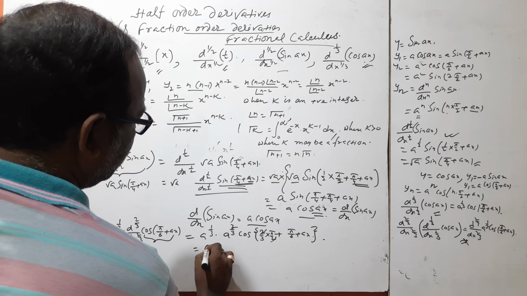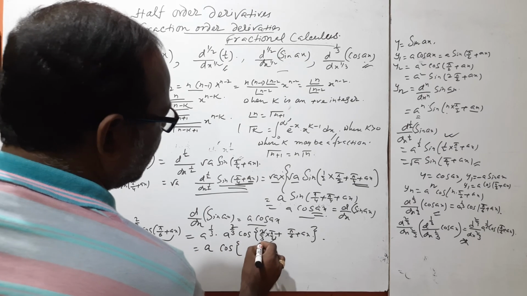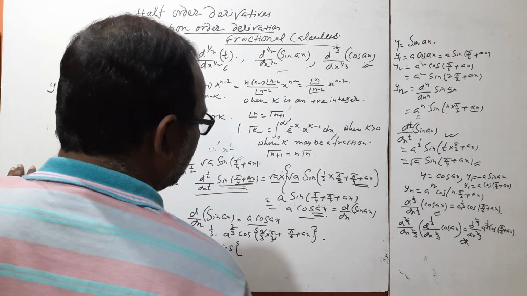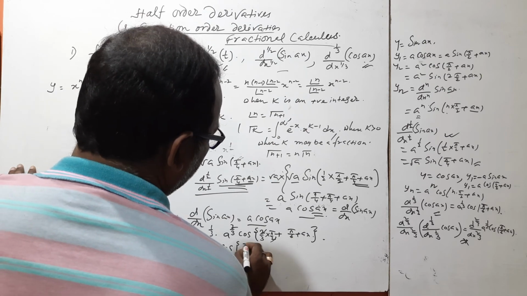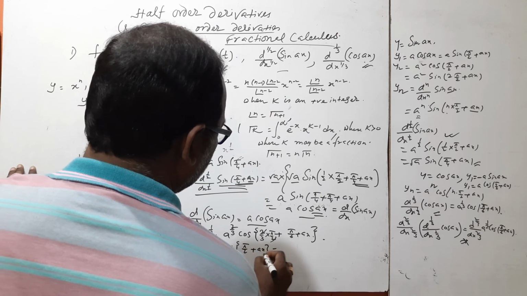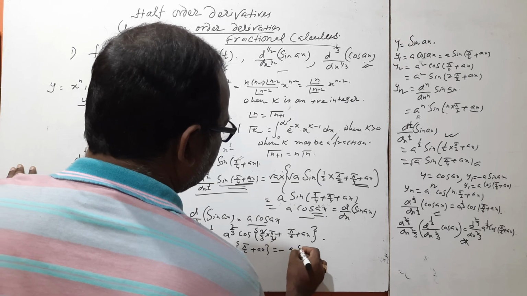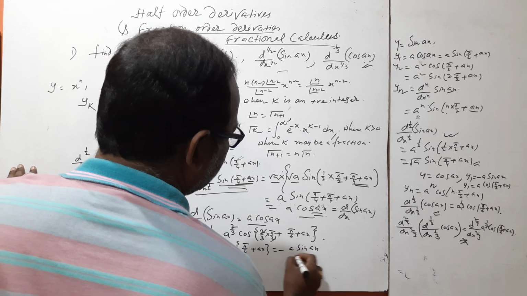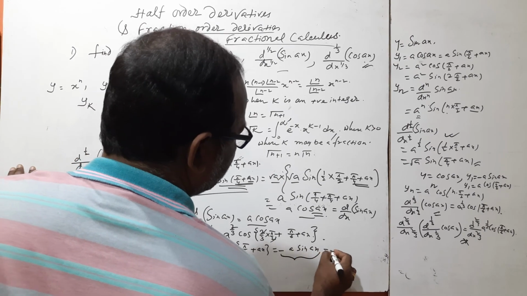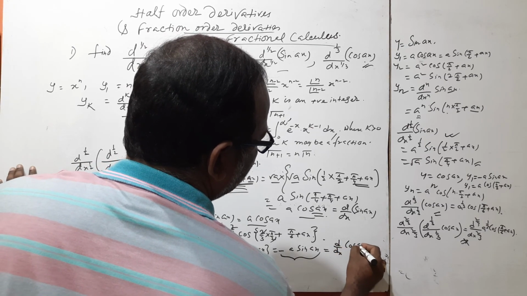If we add these two, we get a into cos of pi by 6 plus pi by 3, which is pi by 2 plus x. So this is cos of 90 plus x, which is minus a sine x. So this is actually the d/dx of cos x.